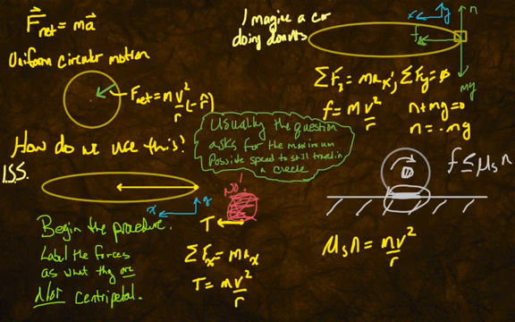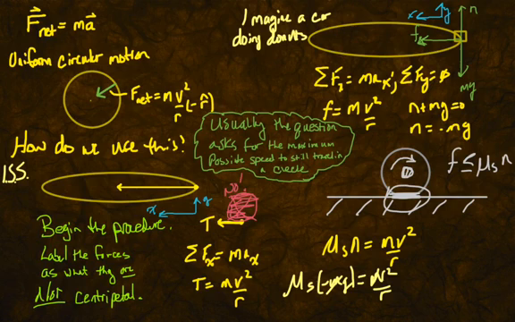So this is going to become mu s times a negative mg is going to equal mv squared over r. Well, our m's are going to cancel, so we just don't have the m anymore.